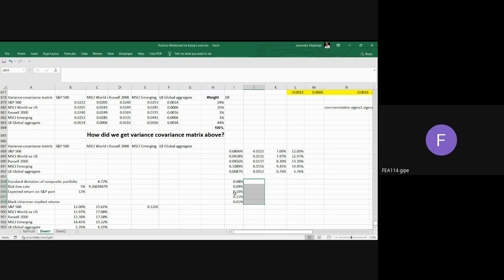Same concept here we apply. The difference here is we use the first row and first column of this multiplication. If I multiply this variance covariance with this one, I get the first row and first column.